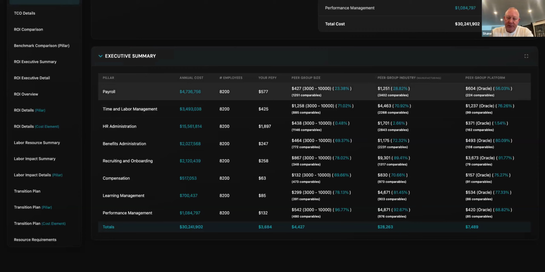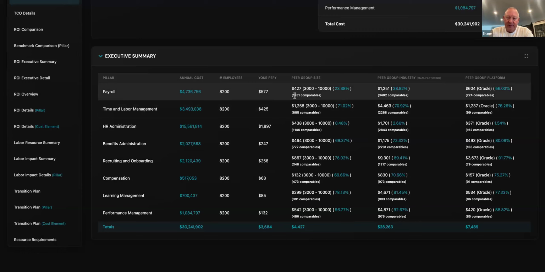So just in real simple terms, here's total cost of payroll for this organization. If we divide that by their 8,200 employees, they're at $577 per employee per year. Here are 1,251 companies that are between 3 and 10,000 in size.